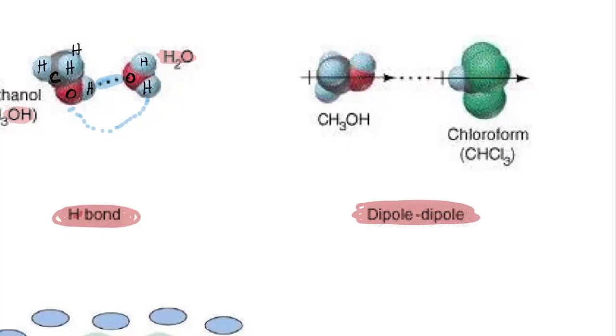So let's rationalize why this is dipole-dipole and not hydrogen bonding. Both molecules are polar. And even though methanol, CH3OH, has an OH, why is it that chloroform cannot interact with it via hydrogen bonding? What is chloroform lacking? Let's put that in the chat.